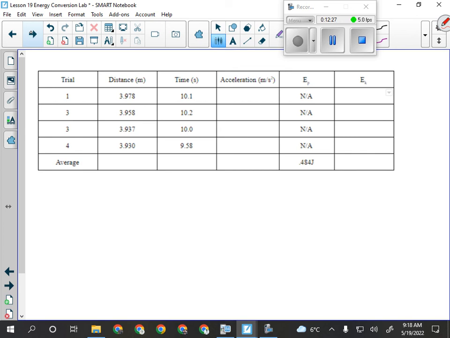We're just getting 4 trials so that we can average it out, because there is some inconsistency with the carts. You can see that even being extraordinarily careful, I still had a bit of variance in the distance traveled and the time of travel. I had one here that was almost half a second faster than the others. That's why we're doing 4 trials and averaging the trials out.